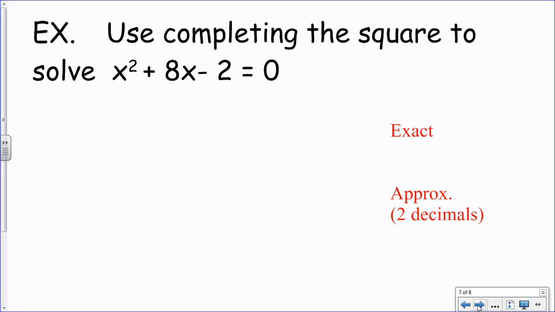Okay. So first thing is we need to move the constant. So I want to add 2 to both sides. Then I need to figure out my number that I need to complete the square.